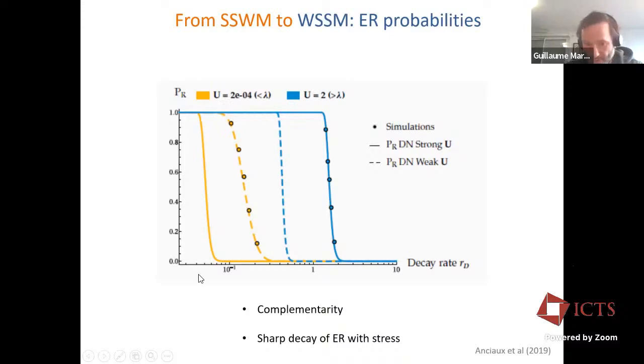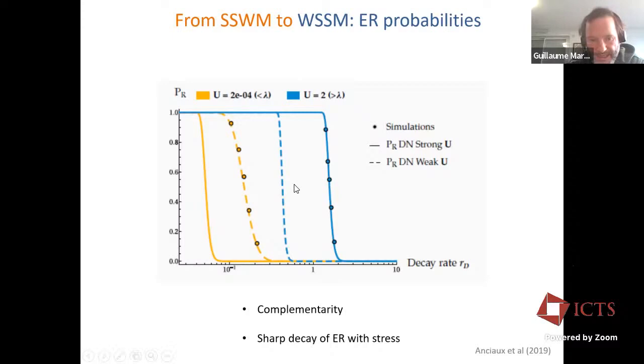And the weak selection is wrong. In the other case, it's the opposite. When you increase U to be large, of course your single step rescue is wrong, and your WSSM is correct. I did not plot the two-step case because the paper is actually anterior to the two-step paper with Matthew Osmond, so we didn't have the theory for that.